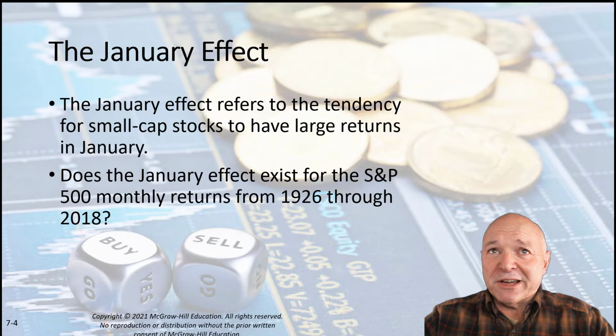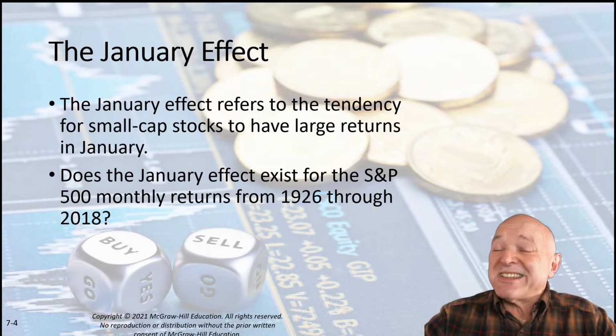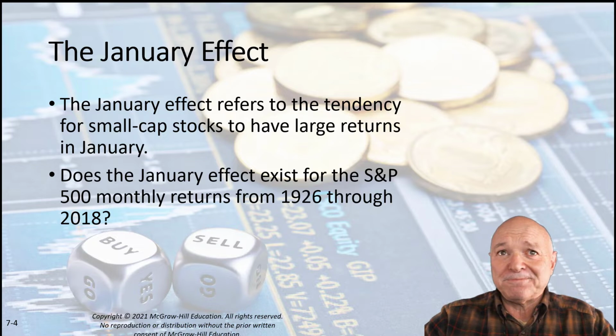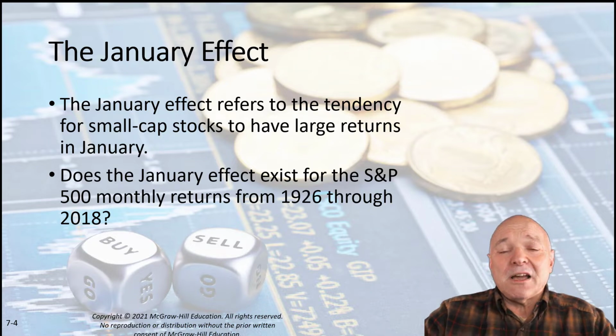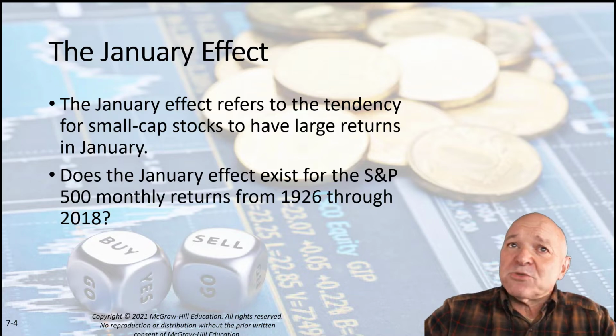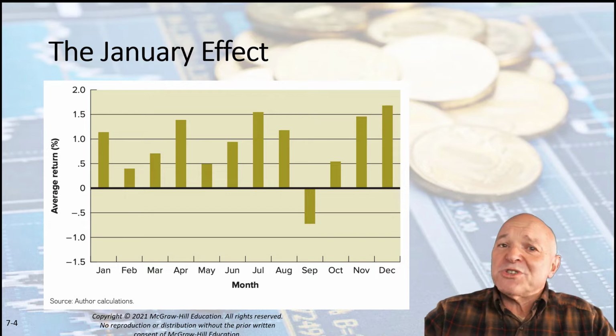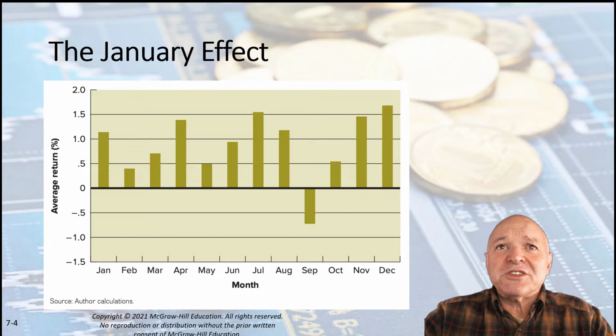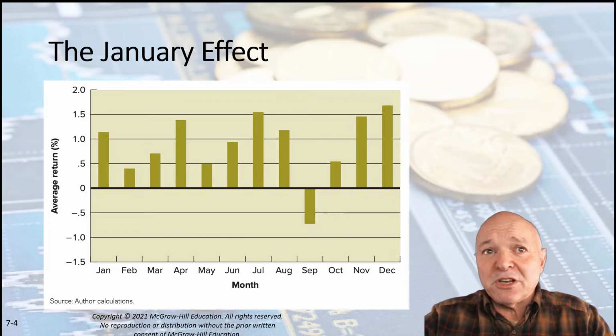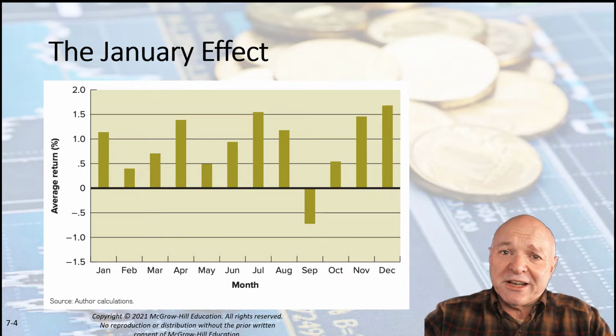The January effect essentially says that there's a tendency for small cap stocks to have larger returns in January. Interesting question then, does the January effect exist for Standard & Poor's companies, for the larger companies? And so the test was made from 1926 through to 2018, and we see that there's no significant difference between January and other months in the rest of the year, at least not for the Standard & Poor's index.